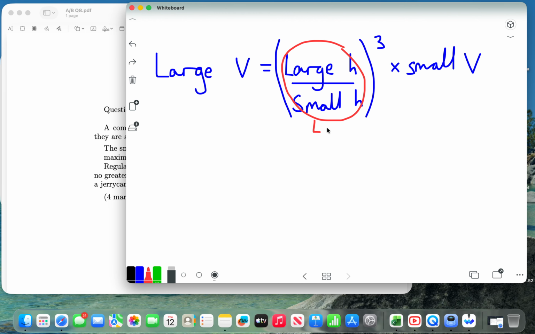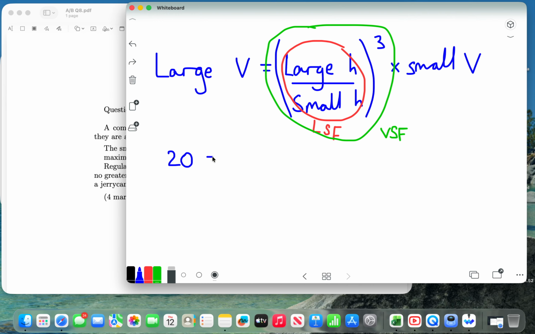So this is the linear scale factor circled in red, and this in green is known as the volume scale factor. So the large volume is 20. We don't have to write it in centimetres cubed.